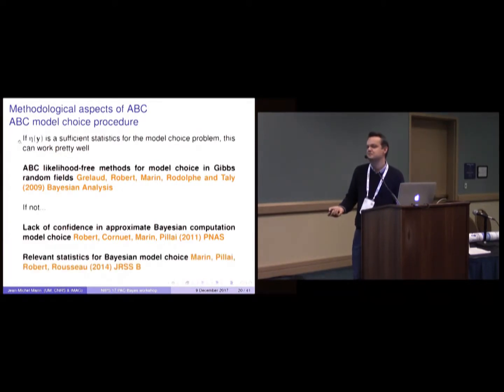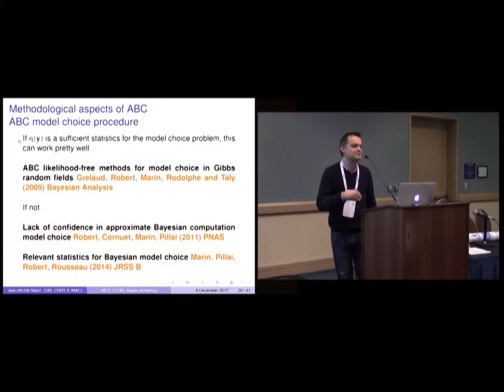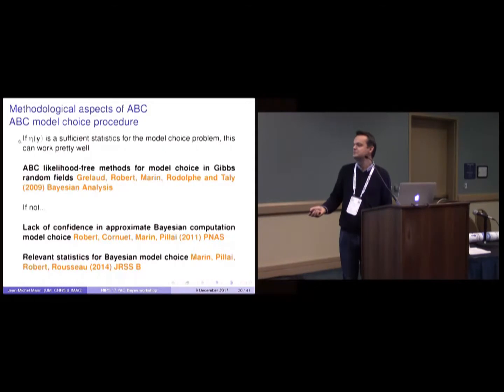And at the end, in this Series B paper in JRSS here, we give some sufficient conditions, which is not exactly in the ABC paradigm. We give conditions for which the posterior probability converges to the best model in terms of the Kullback-Leibler divergence. So also if the true model is not in the set of models, when you condition on a summary statistic which is not sufficient for the model index.